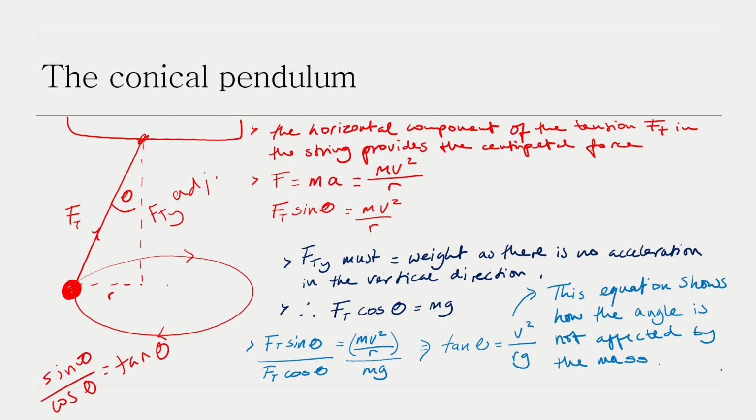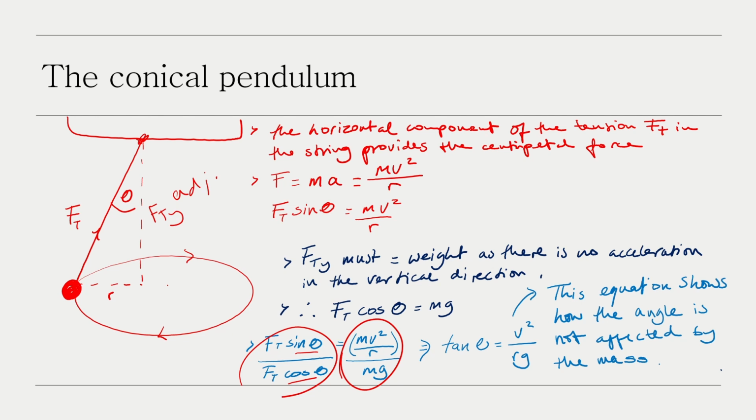So if we express this like so, we say that Ft sine theta divided by Ft cos theta is equal to the magnitude of the centripetal force divided by the weight. We say that this is equal to mv squared over r divided by mg, which is equal to tan theta, because sine theta divided by cos theta is equal to tan theta.